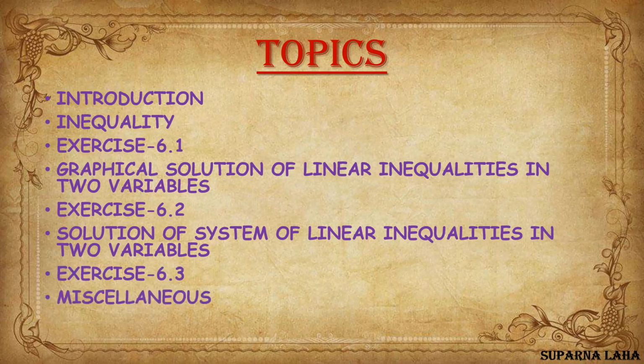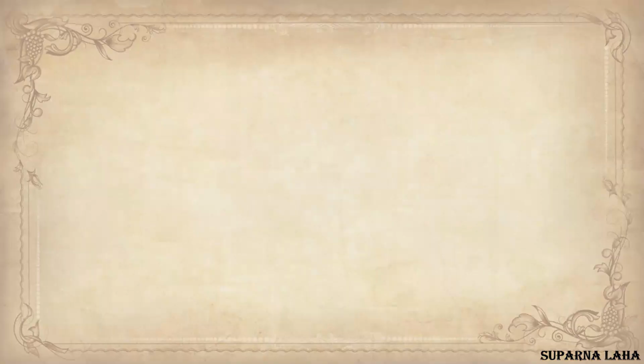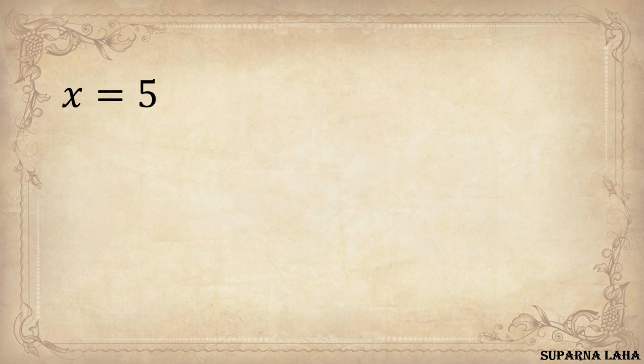So what is inequality, and what do you mean by the system of linear inequalities of one variable or one dimension, two variables x and y, and its solutions? First of all, what is inequality? If we're talking about x equals 5, it means this variable x has some particular value 5, right?